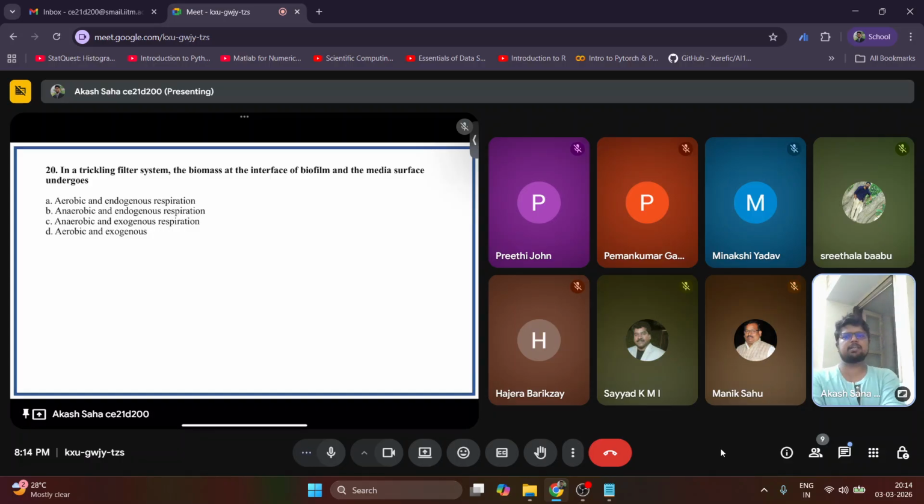So biomass at the interface of biofilm and the media surface, what will happen? Are you able to visualize what they are asking? Any doubt with this question? What are they asking?